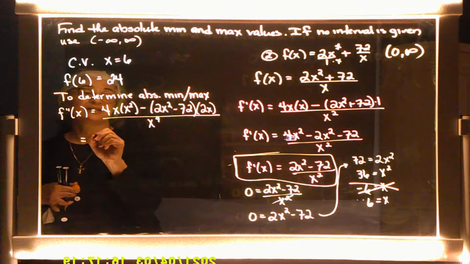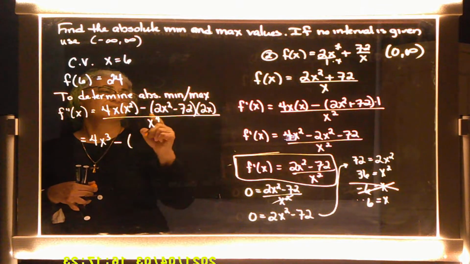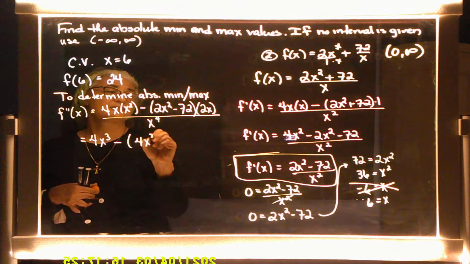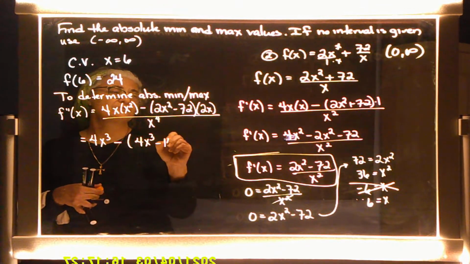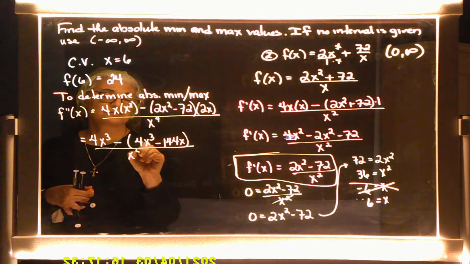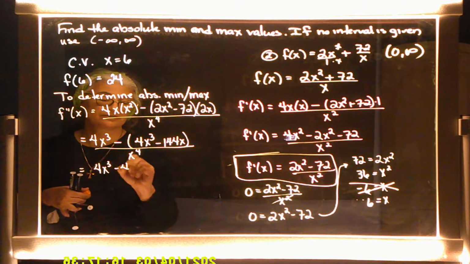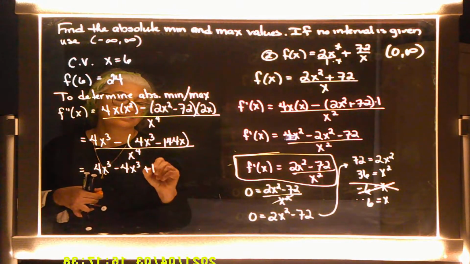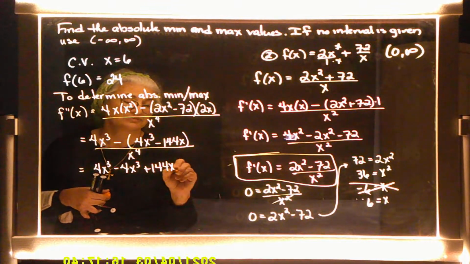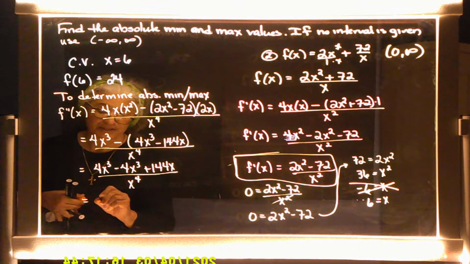Time to simplify it. What do we get there? 4x cubed minus 144x, right? Looks like my x cubes are going to cancel. Thank goodness for that. Because if they didn't cancel, we'd have just a lot of powers to deal with.